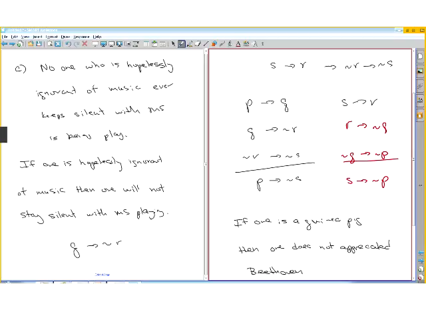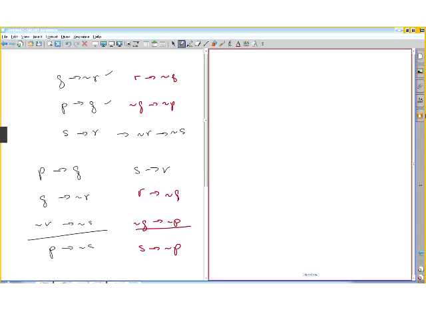And how would we write that? Well, let's add another page so we can write that out. So S is if one appreciates Beethoven, then one is not a guinea pig. And again, notice that these two solutions are contrapositive with each other.